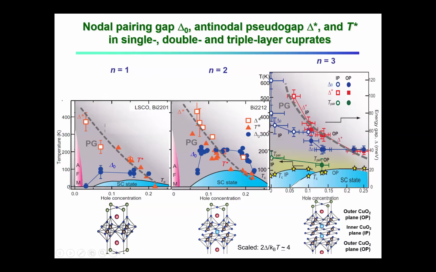We also plot the pairing temperature, above which the superconducting gap actually collapses, is this region. Still, the spectra look like a D-wave superconductor. So we name this region a nodal metal.